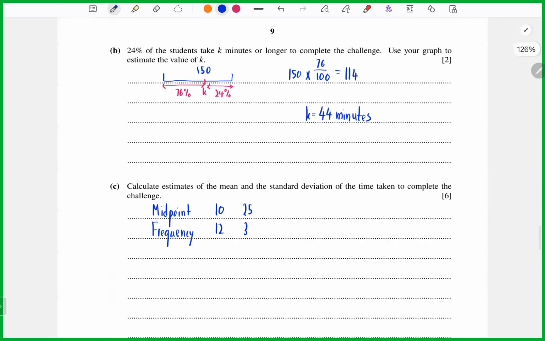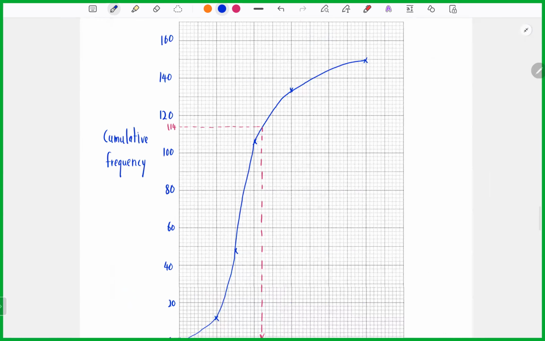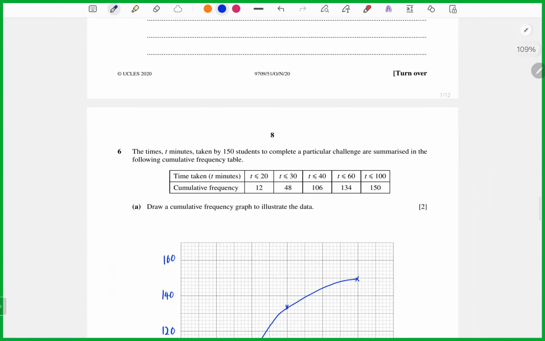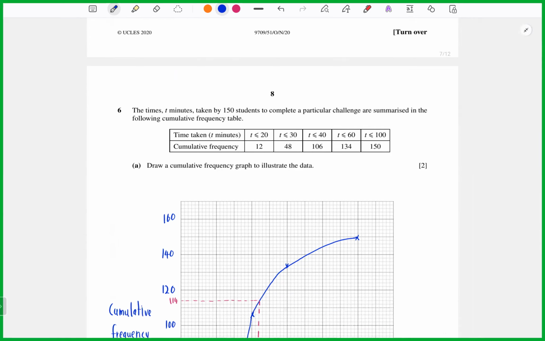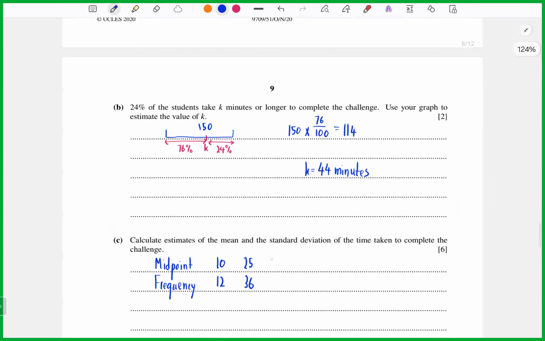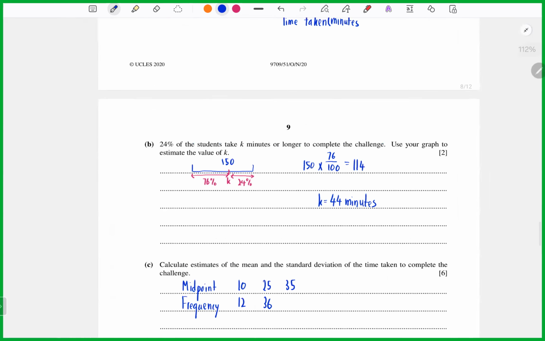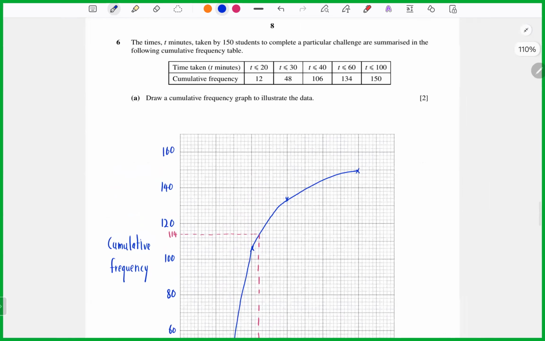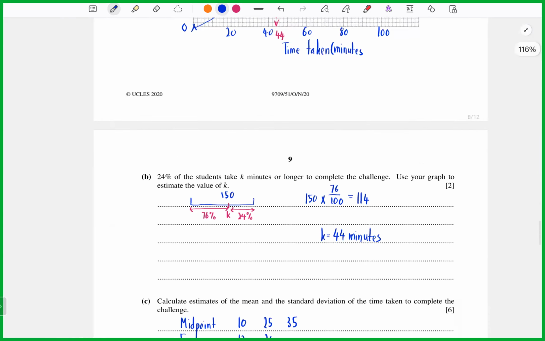Another: take 14 plus 13 divided by 2, 35. Then take 106 minus 48, so you get 58.